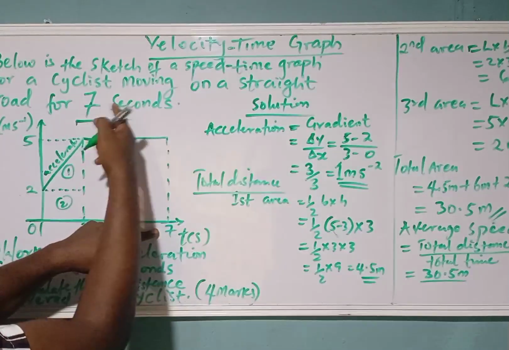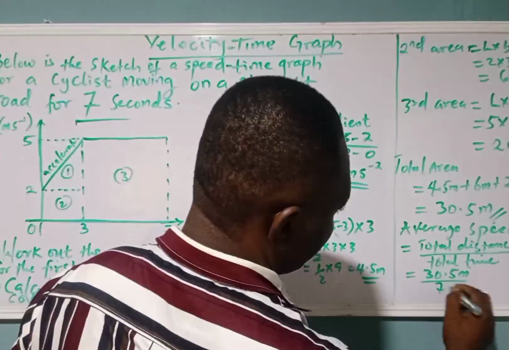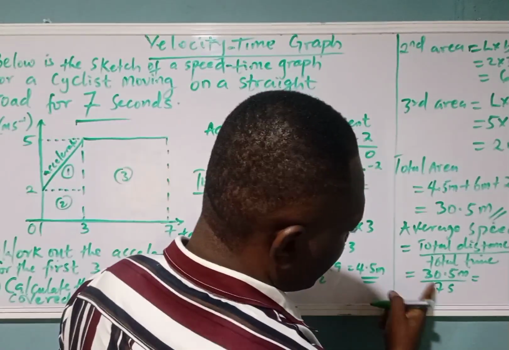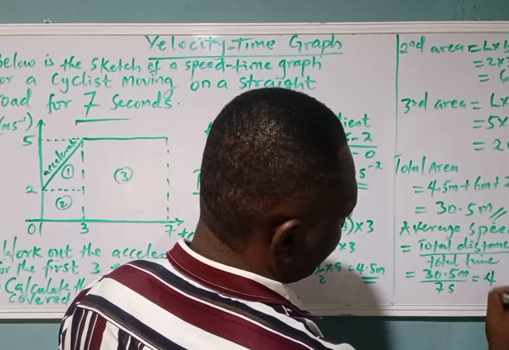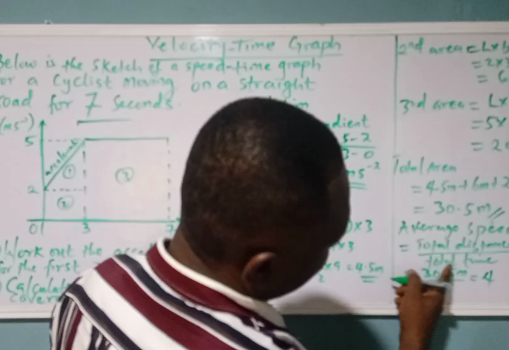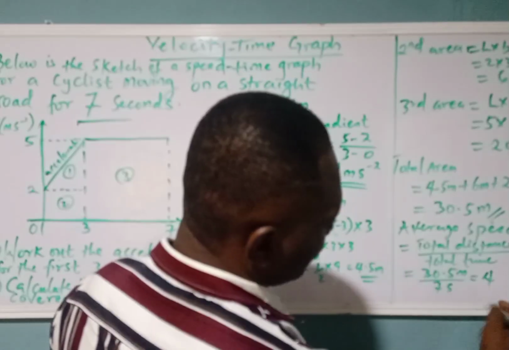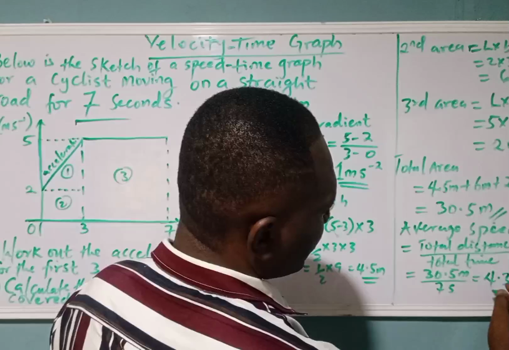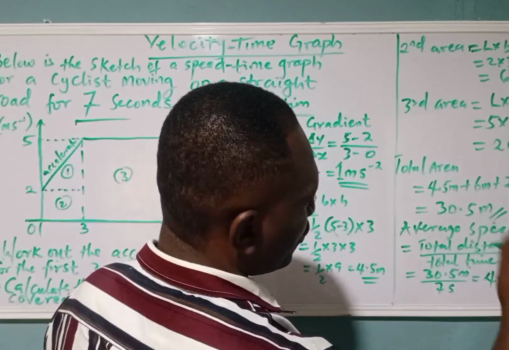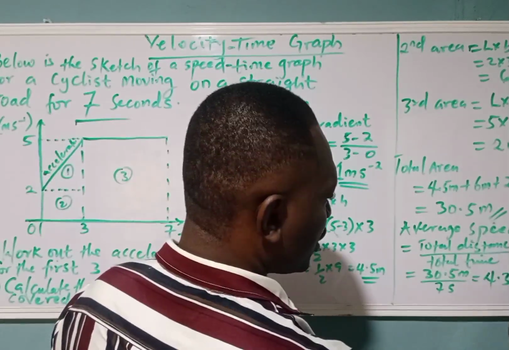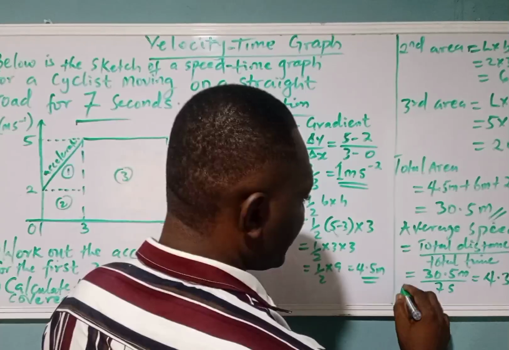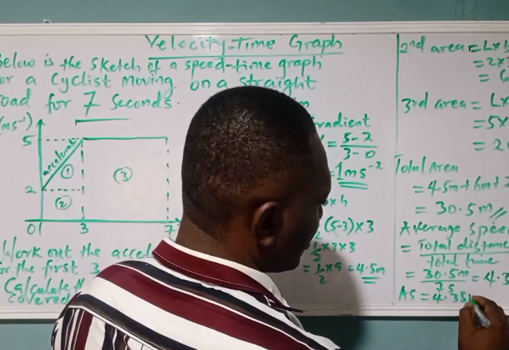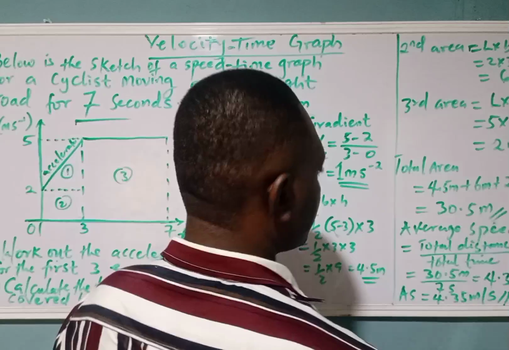If you divide this, 7 into 30 is 4, remainder 2, put it here, becomes 25. In 25, 7 gives you 3, remainder 4, in 40, 7 gives you 5. So average speed is equal to 4.35 meters per second. This is your final value.